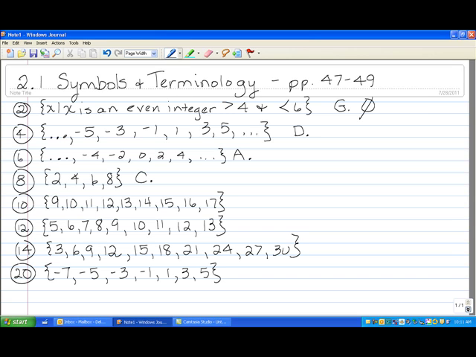Okay. Our next group says denote each set by the listing method. There may be more than one correct answer. Okay. Let's just look at 22. The set of all integers between -200 and 500. So we'd start 1 greater than -200.